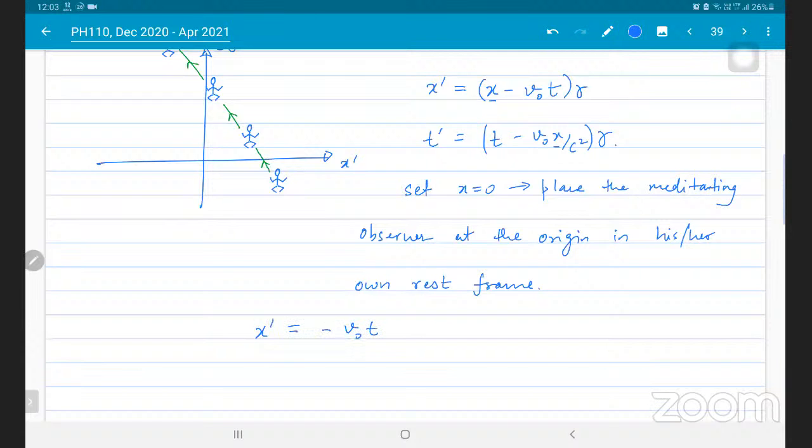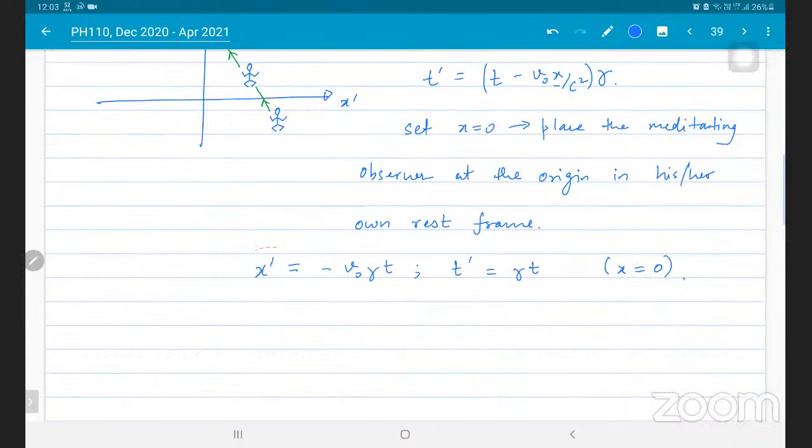x prime is minus v naught gamma t, and t prime becomes just gamma t, right? Yes, sir. x is equal to 0. Now, what is the relationship between x prime and t prime?